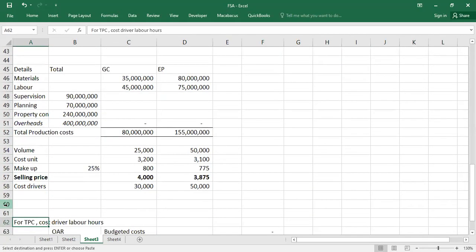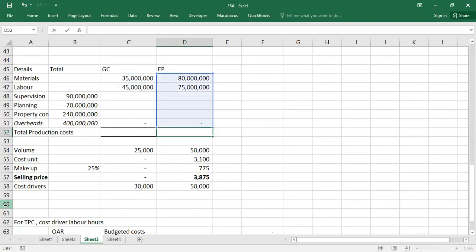Okay, so guys, for ABC, how different is it? I think it's not very different. If you know your TPC, then you know ABC. Just like if you know ABC, then you know TPC. Now for ABC, you're not allowed to generalize. You can't just get this one total and divide it by the OAR to get the overhead absorption rate.